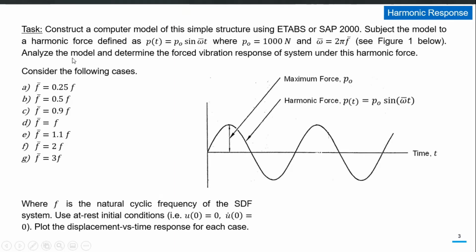If the natural frequency of the structure is F, the first case of applied loading is that the applied loading has a frequency F bar equal to 1/4 of the natural frequency, 0.25 F. Similarly, another loading case for 0.5 F, then 0.9 F, F bar equal to F, which is the exact resonance case, and then F bar more than the natural frequency of the structure, which is 1.1, 2 or 3. In all of those, we assume initial rest conditions, so initial displacement and initial velocity are all 0.